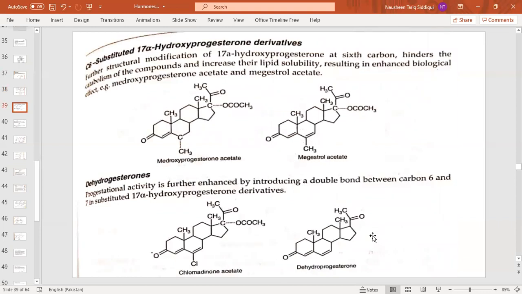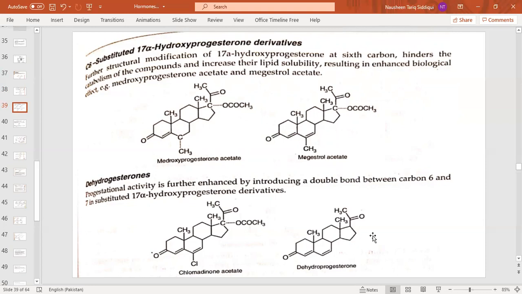Now the C6 substituted, that is 17 alpha hydroxyprogesterone derivative. When the substitution is made on C6, further structural modification of 17 alpha hydroxyprogesterone at the 6th carbon hinders the catabolism of the compound and increases its lipid solubility, resulting in enhanced biological effect.